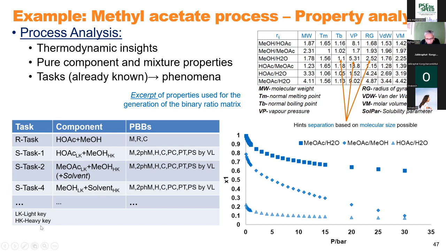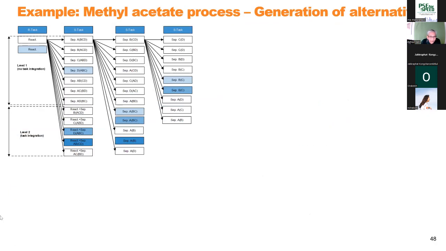But we want to reduce the separation tasks also. So we have a reaction task, and then after that, since we have 4 compounds, we have only 3 separation tasks. And then this is one separation task, and we have so many alternative ways to do it, and the second one and the third one.